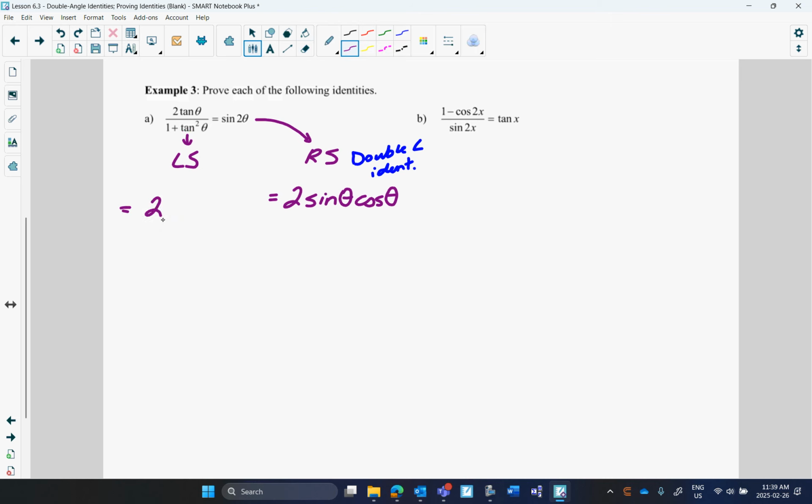Tan theta is the same as what? This one you have to know. You're not given it. Tan theta is sine over cos. And then on the bottom, tan squared theta is the same as sine squared theta over cos squared theta.